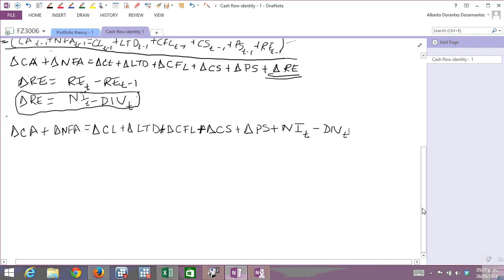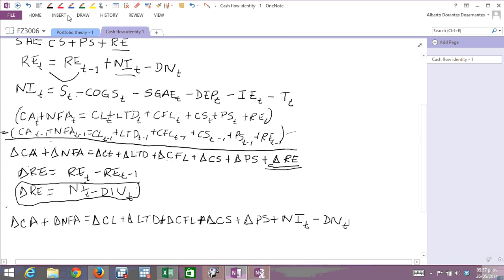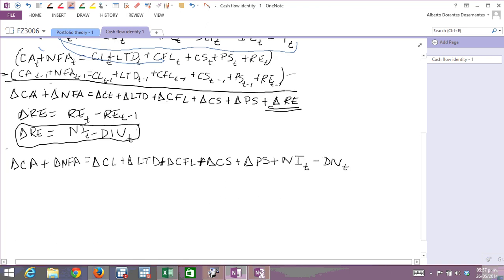But if we remember what net income is, net income is this formula. If I substitute that formula over here, what's going to happen?